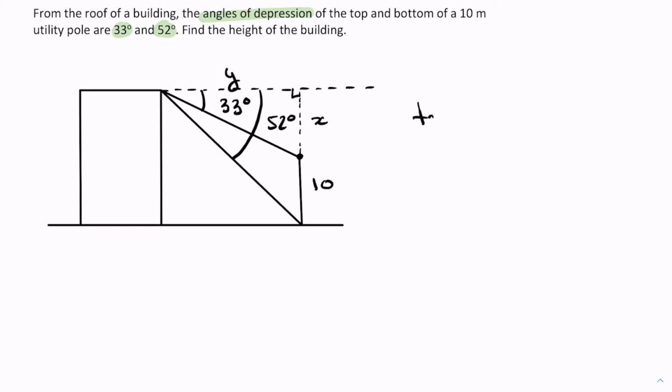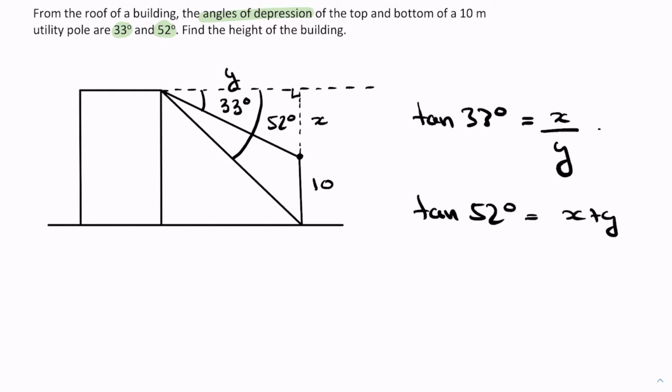I have tan of 33 degrees, which gives me x over y. And then I have tan of 52 degrees, which gives me x plus 10 over y.